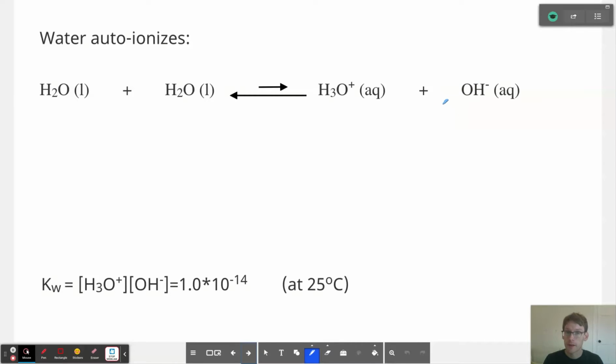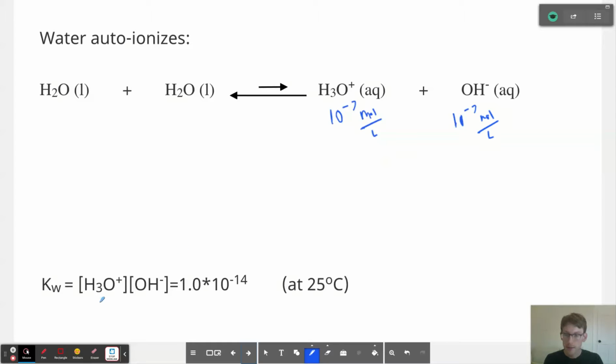Now, this doesn't happen to a huge extent. If it's just pure water at 25 degrees Celsius, you'll have 10^-7 moles per liter of each of these two present.